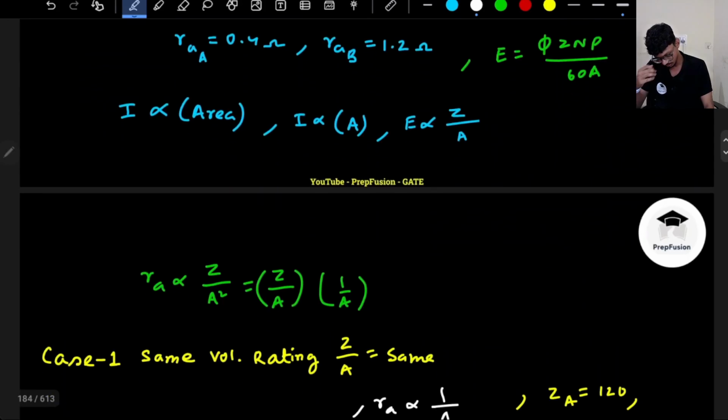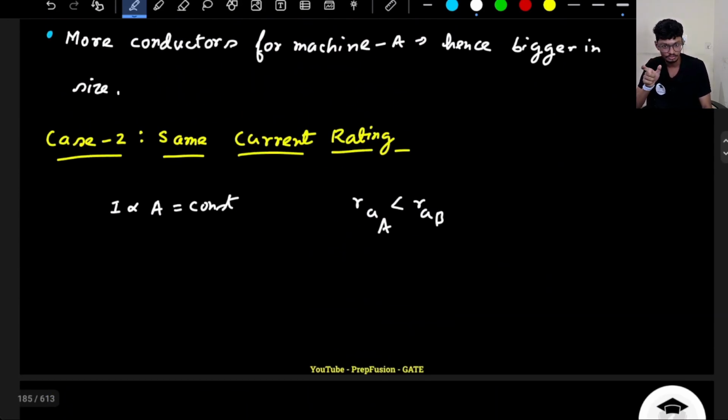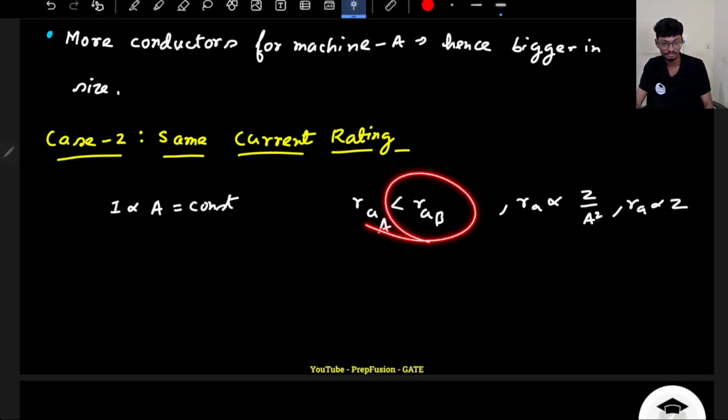So this time A is constant. If A is the same, then what is RA proportional to? RA is proportional to Z by A square, right? As A is constant, I can say RA is proportional to Z only. Okay, which has the high number of conductors? RB has a high number of conductors.